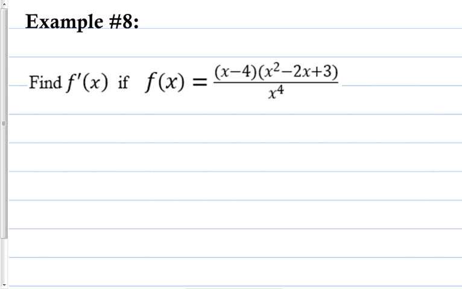Okay, last example before the try it. Sometimes, not always, when you have a function that is as complicated as this example, it might be better for you to just distribute. This function, I derived it using the product rule because these two things are being multiplied.